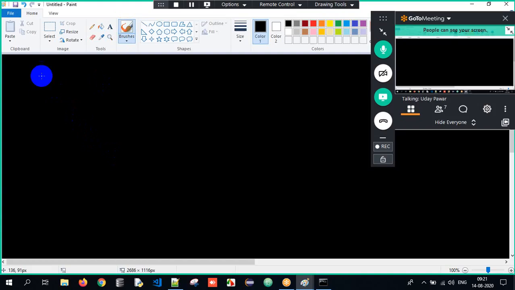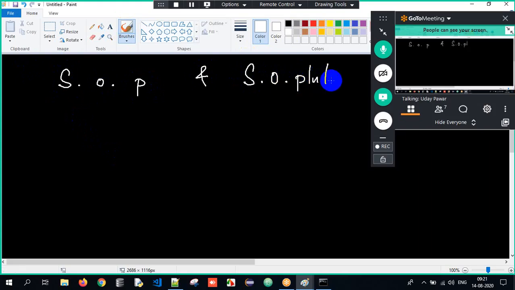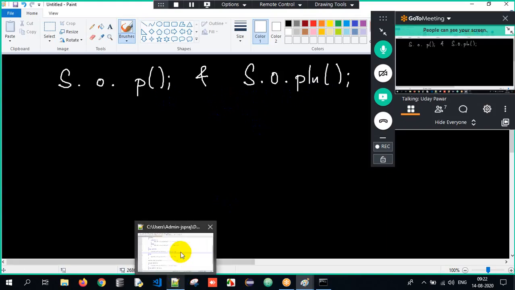The difference between System.out.print and System.out.println. So there are two functions, print and println. You need to understand this. Let me show it to you here.